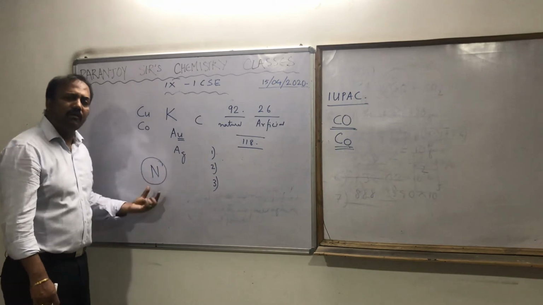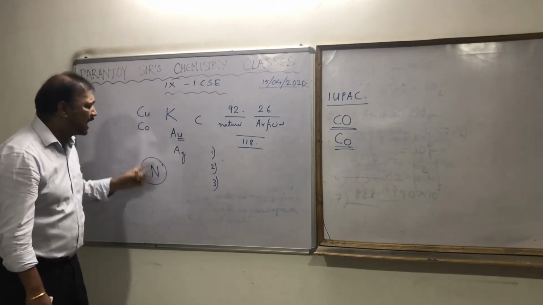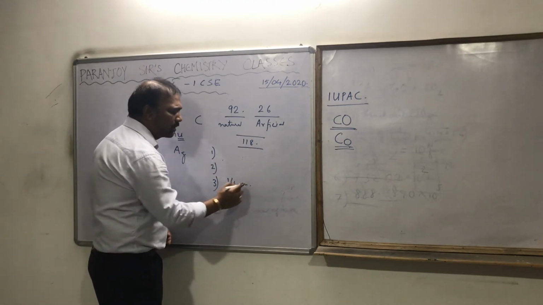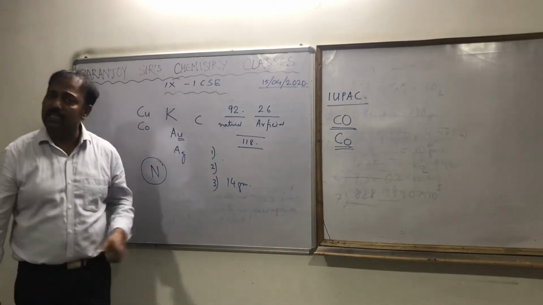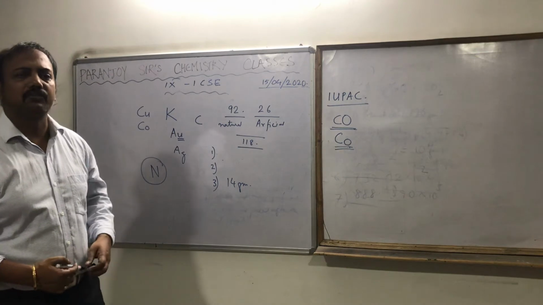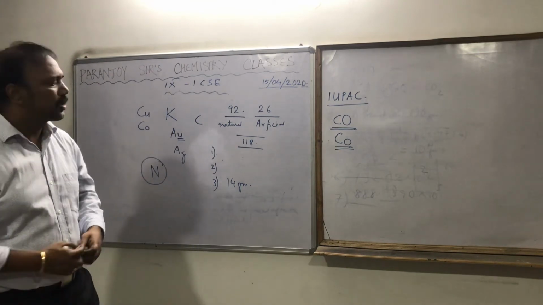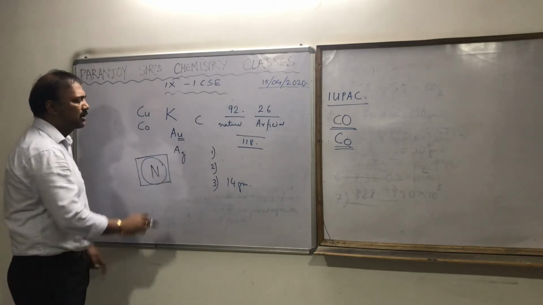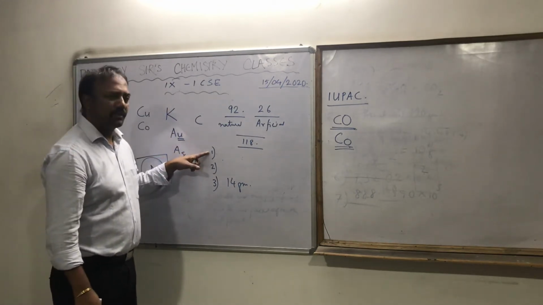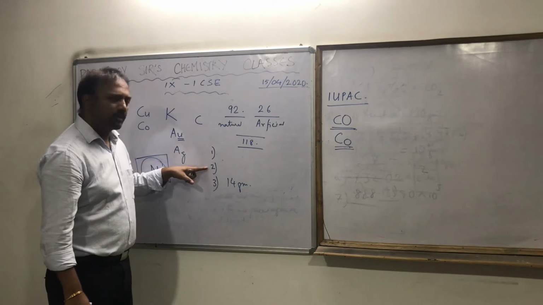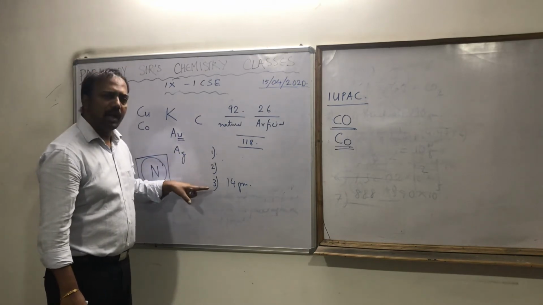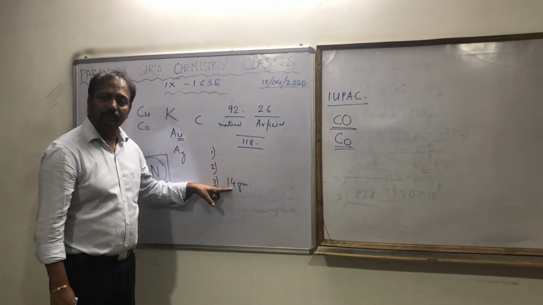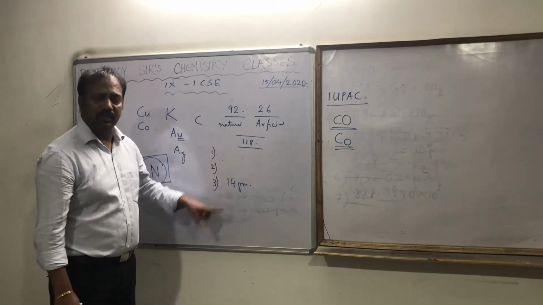The mass of N is 14 gram. It means the mass of nitrogen atom is 14, expressed in grams. So this is the significance whenever I am writing N. So what does it mean? That we are talking of nitrogen, we are talking of one atom of nitrogen, and the mass is 14 expressed in gram. Slowly we learn all this.